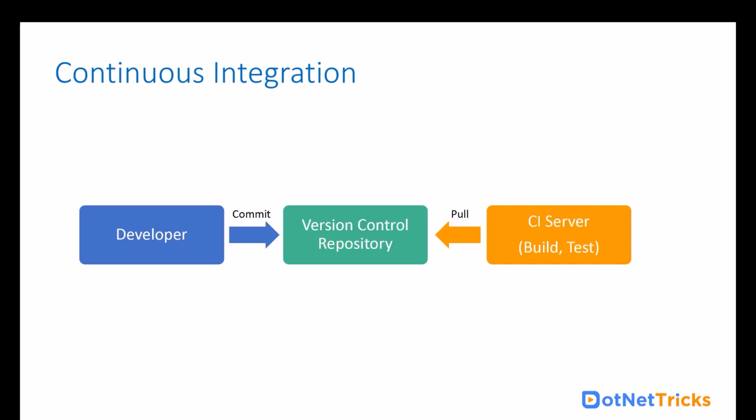In summary, continuous integration is all about building the code whenever a developer commits changes, and based upon the committed changes it provides a detailed report on whether it has been successful or failed. So this is about continuous integration you should know.